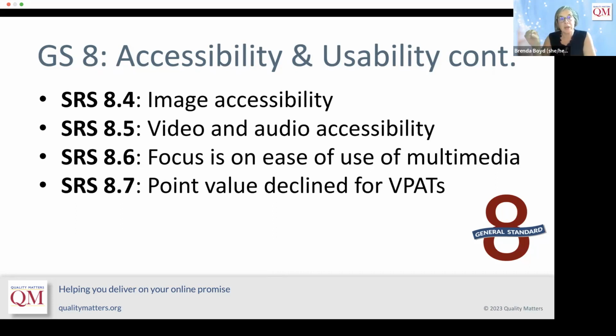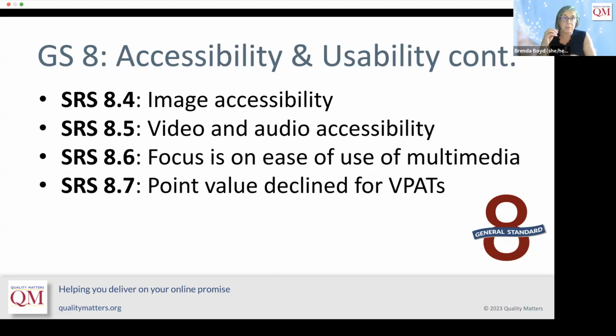So when you think about 8.4, you're thinking about static images. Okay, so that's what 8.4 is all about. And then 8.5 is where we're reviewing video and audio accessibility. So are there captions or transcripts, and all of that fun stuff that goes with video and audio accessibility, also a 2-point standard.